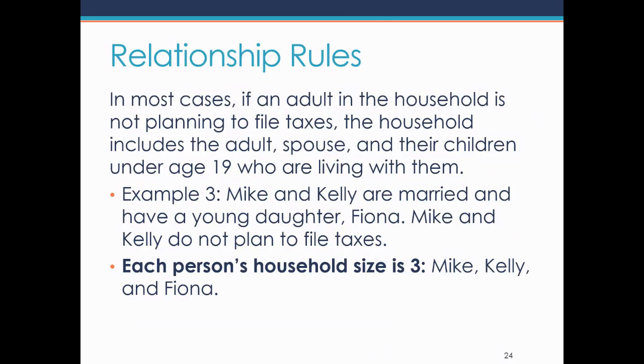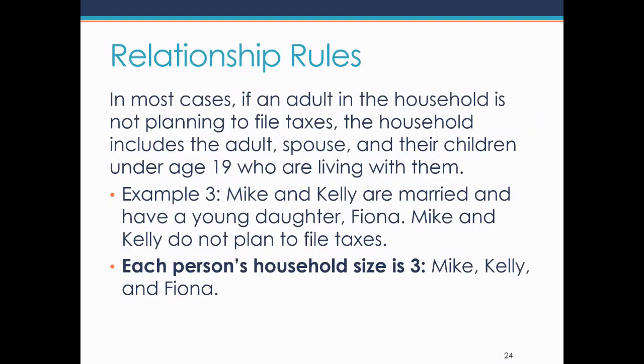Let's take a look at Fiona's household size. Starting again from the top of that handout, Fiona is not expecting to file taxes. So we go to step 3. Nobody else is claiming her as a tax dependent. So that takes us to step 4, which again is relationship rules. So we'll count the target's spouse and their children under age 19.